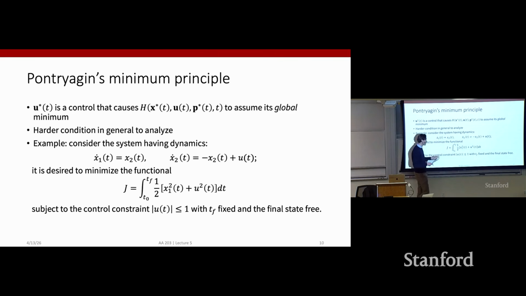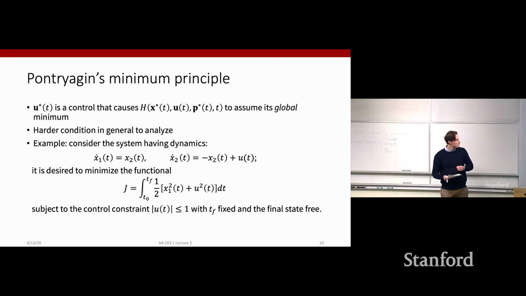We are assuming that the final time is fixed and the final state is free. But note that now we are introducing a bound on the controls, specifically that the absolute value has to be less or equal than 1. When we are trying to minimize the square of our controls, so our quadratic costs, these types of problems are also known as minimum energy problems. Yes?